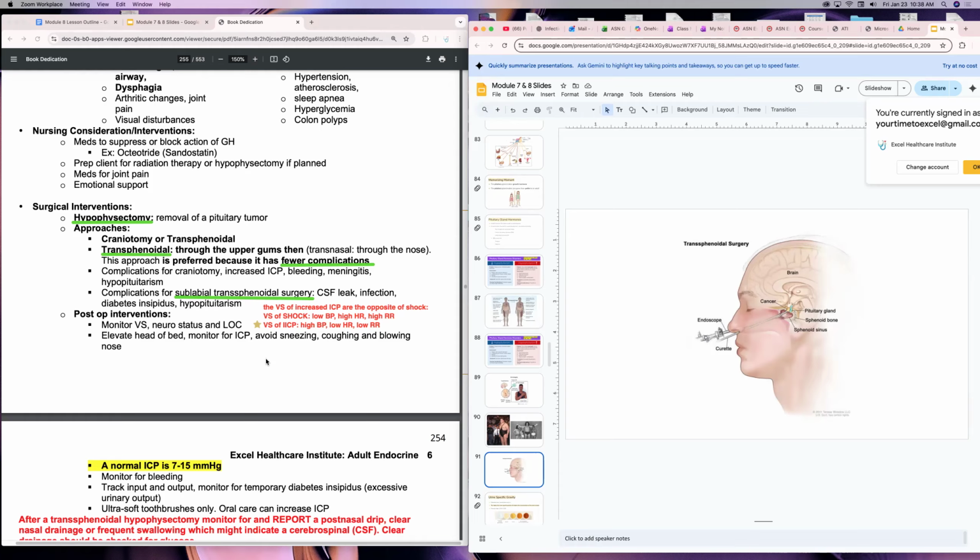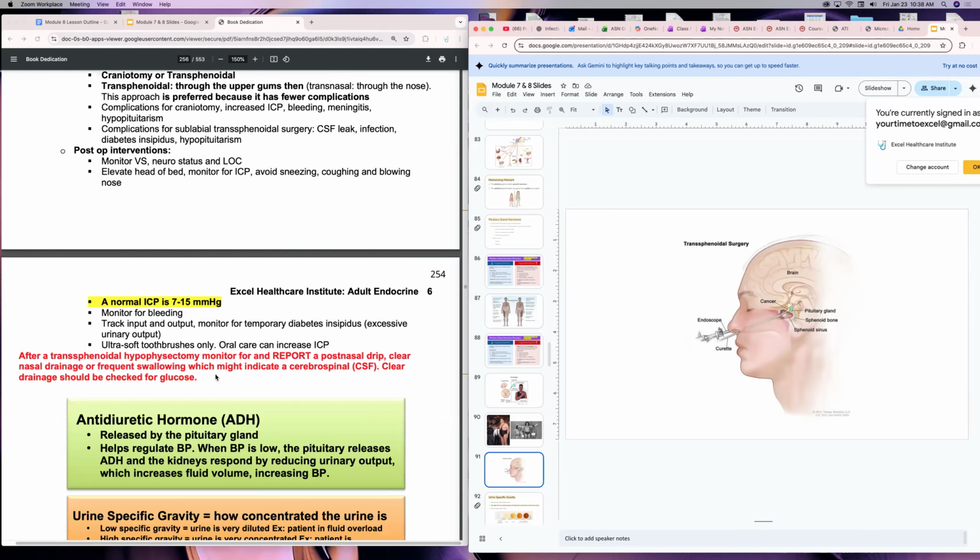You want to use ultra soft toothbrushes because oral care can lead to increased ICP as well. And you want to monitor for any bleeding or discharge. So, you want to monitor for post-nasal drip. So if the client is constantly swallowing, frequent swallowing or frequently clearing their throat, that could mean that they have a post-nasal drip and it could be cerebrospinal fluid.